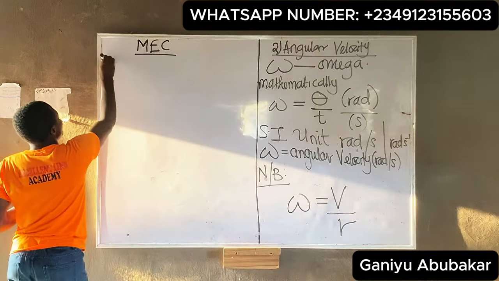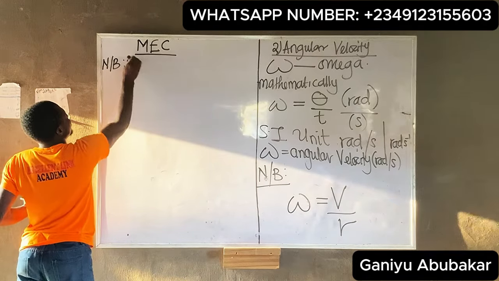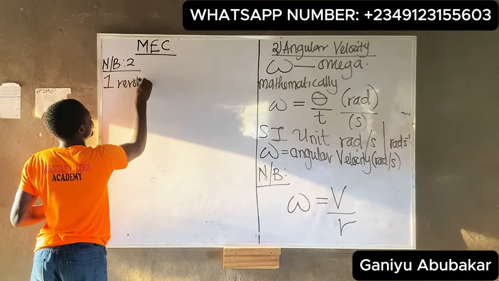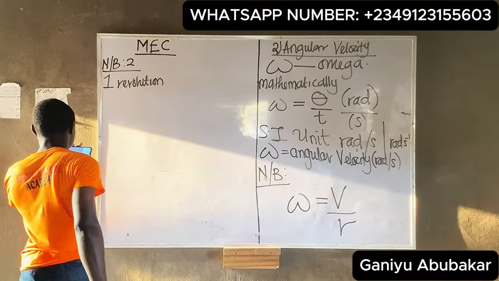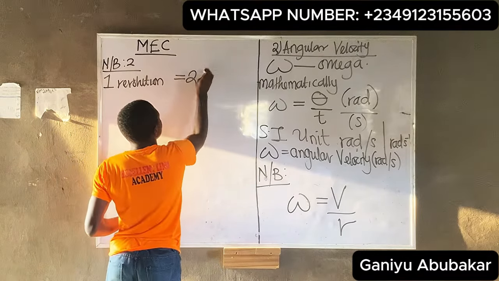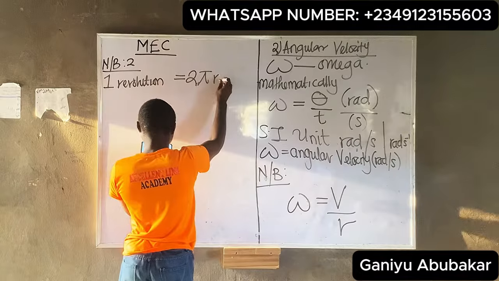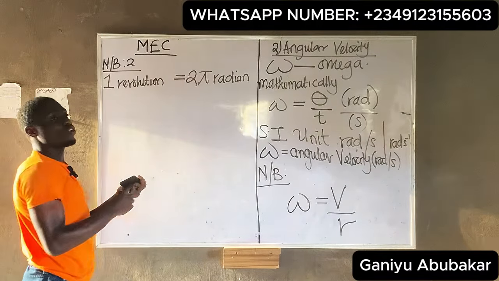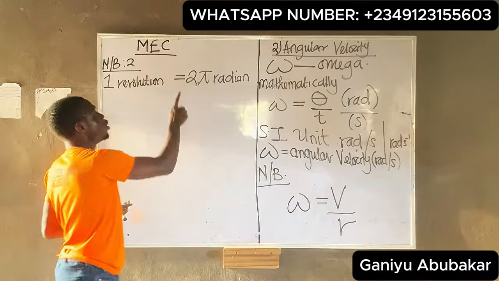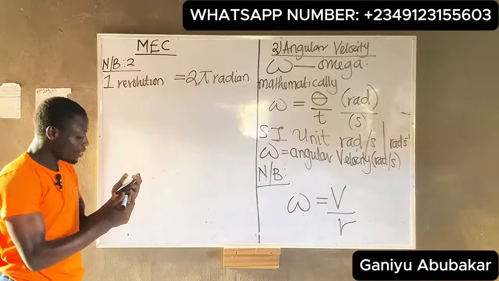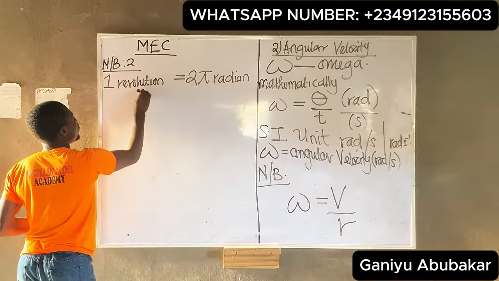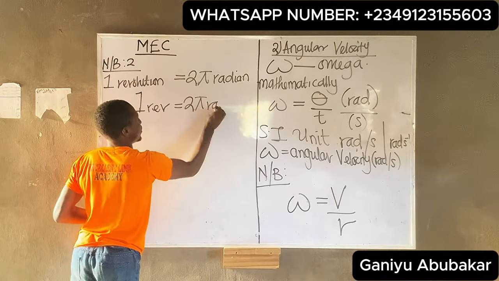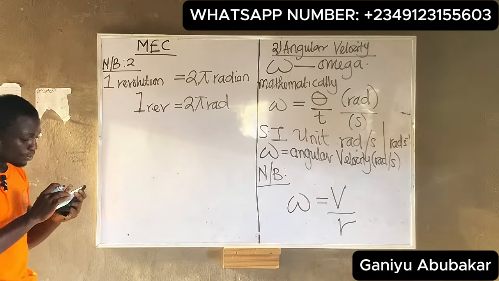So note number 2: please note that one revolution is equal to 2 pi rad. For one complete revolution, I have 2 pi rad, which in short form is 1 rev equals 2 pi rad. Please note this, very important.